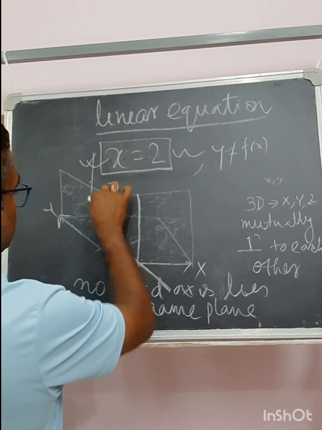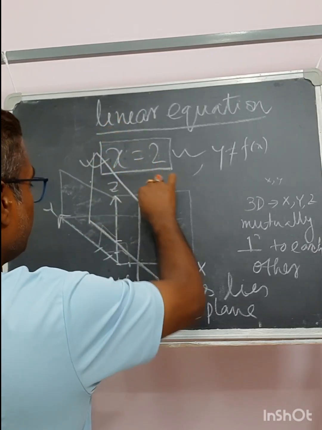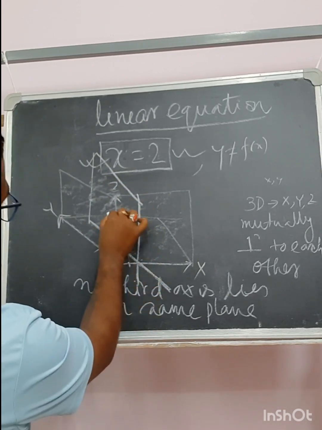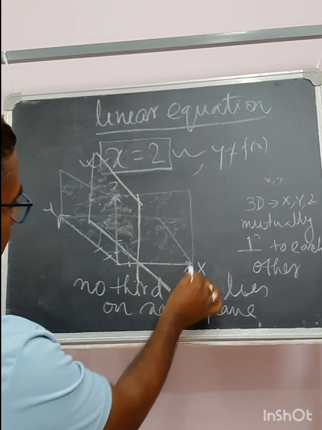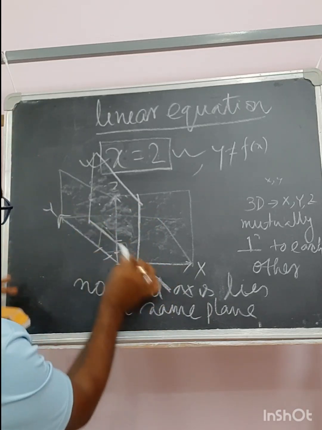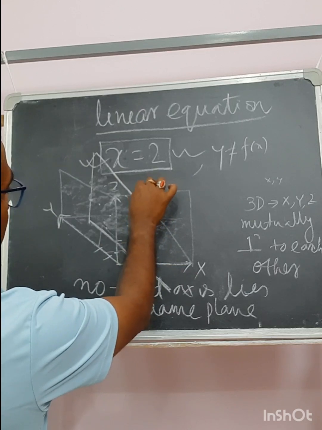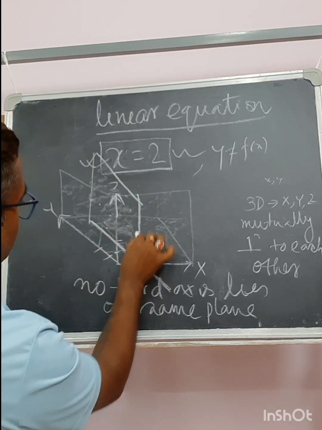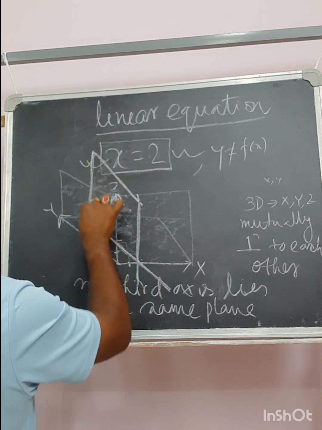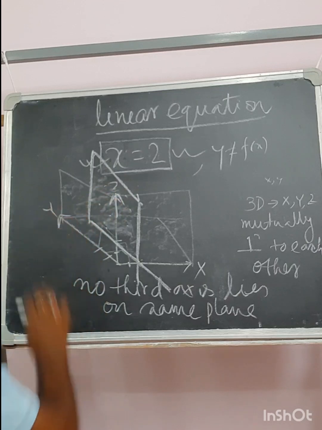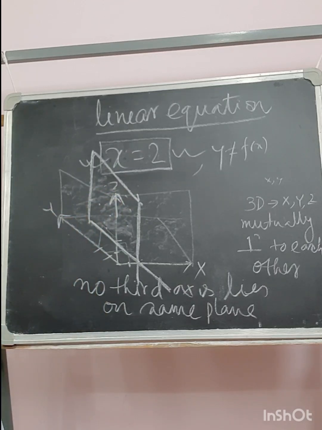I will get some plane where any point on this plane has x value 2, but y also varies, z also varies. Understood? So that could be a plane where x is equal to 2 but z and y vary.